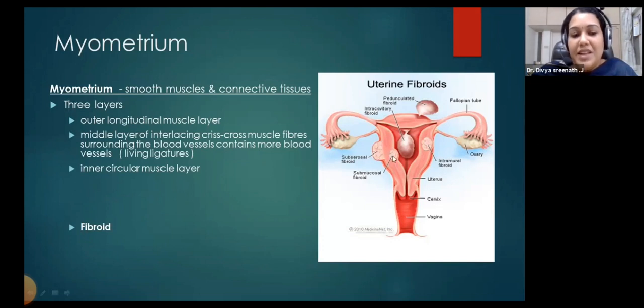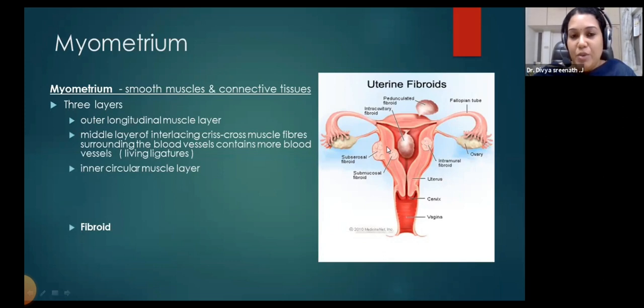Clinically, fibroids arise from the myometrium. We have already heard the classification of submucosal, intramural, and subserous. Usually the fibroid arises as intramural, within the muscle.